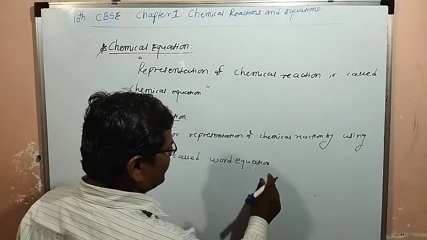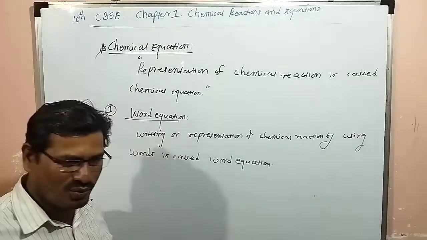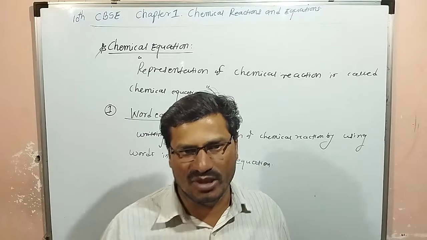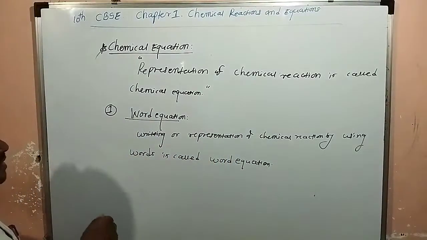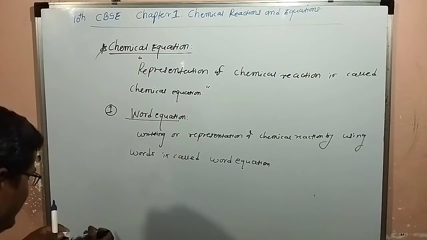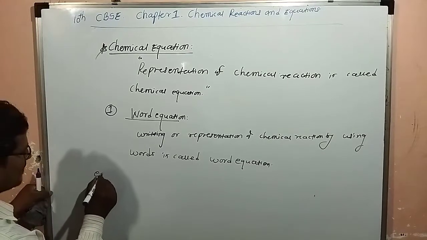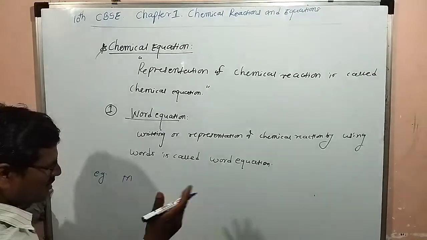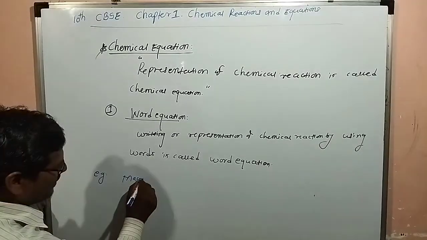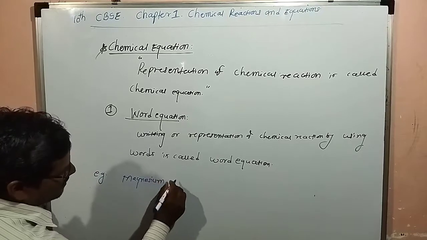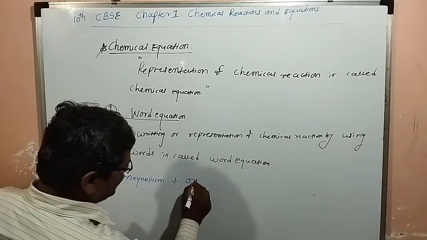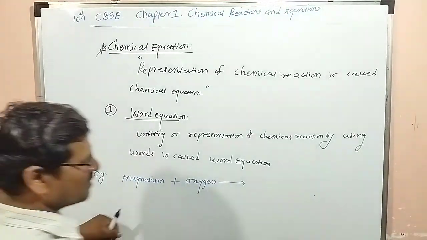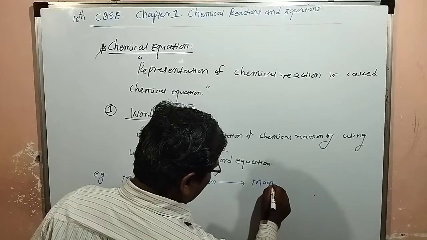How will you write a chemical reaction using words? Words means the names of the reactants and the names of the products. Let us take a word equation example from what we have studied before: magnesium plus oxygen gives magnesium oxide.